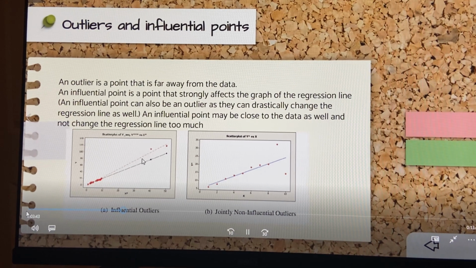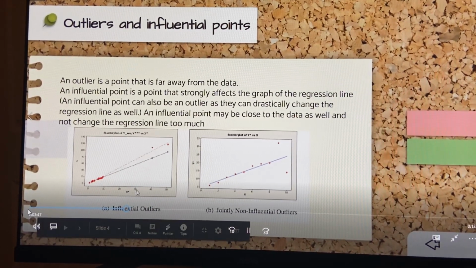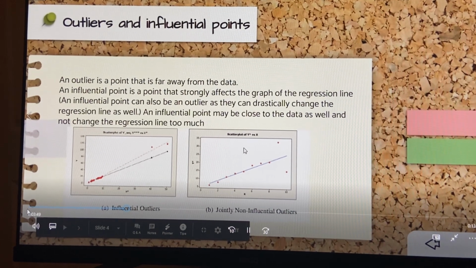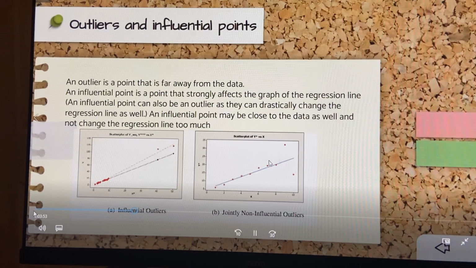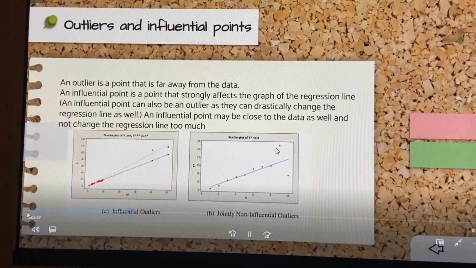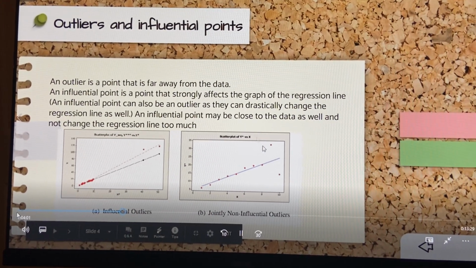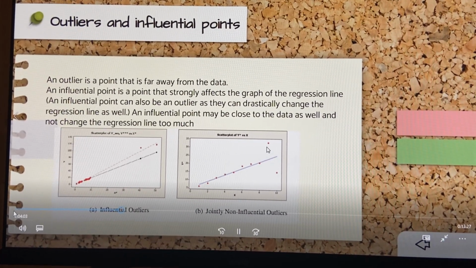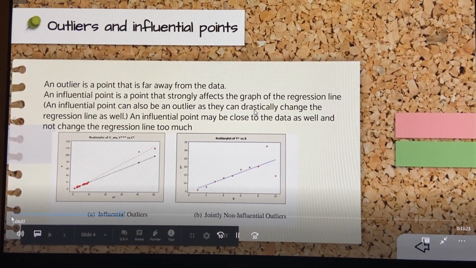So that changes about 20 points, so you can see that makes a big difference. Sometimes the outliers are not influential, as you can see here. There's enough data to support this line that it's not going to shift it upwards through here, especially because this point is down here, kind of bringing the line back down again. So these outliers aren't affecting the data at all.